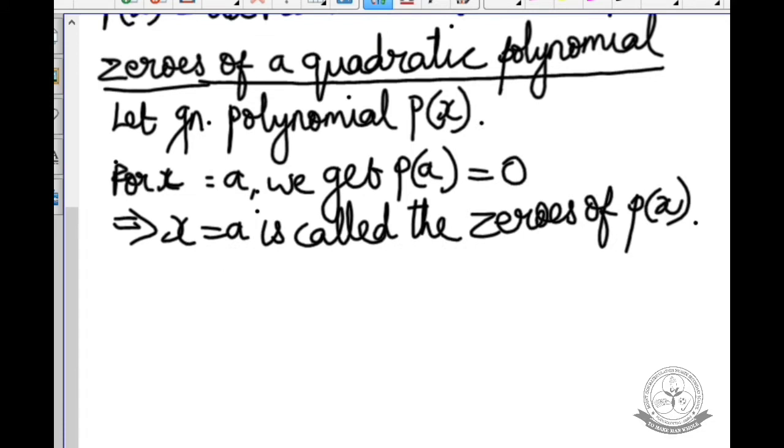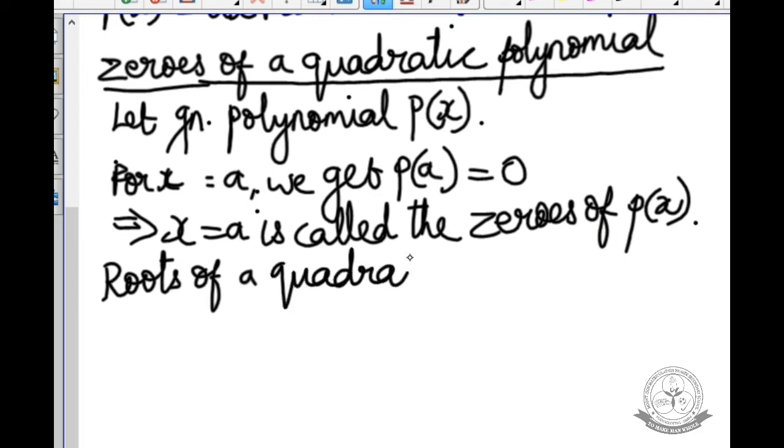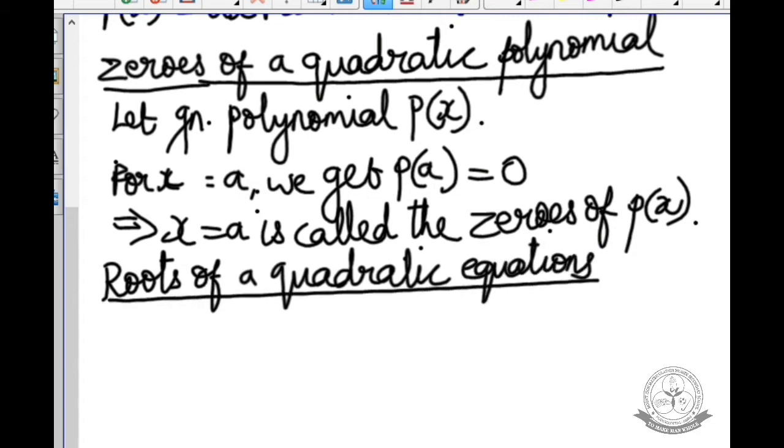Second concept, roots of a quadratic. For a polynomial we say zeros. For an equation, a quadratic equation, where we have equal to 0, we call these zeros roots.